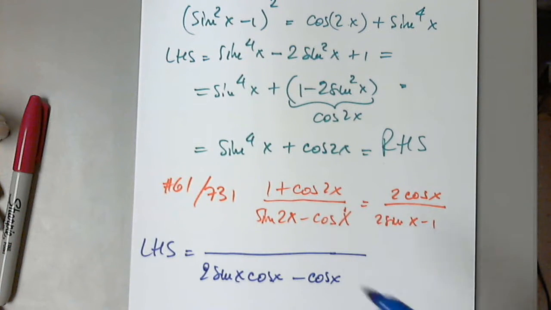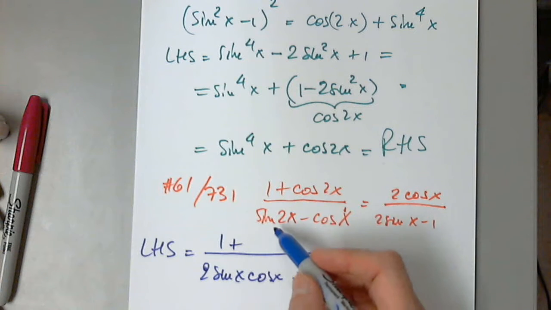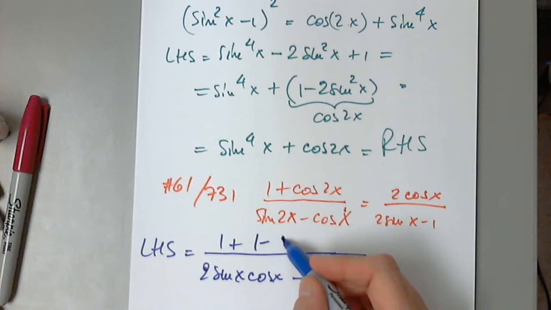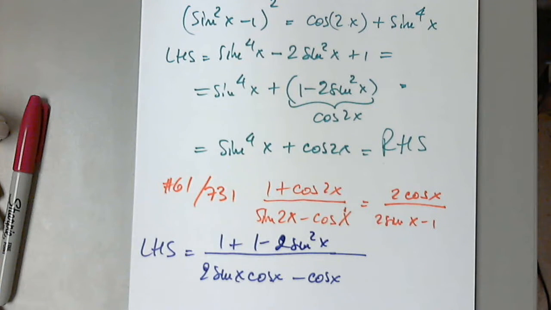I'm going to try the one with 1 minus 2 sine squared x. So we have 3 options: cosine squared minus sine squared, 1 minus 2 sine squared, or 2 cosine squared minus 1. Maybe 2 cosine squared minus 1 is better because it would cancel the 1.